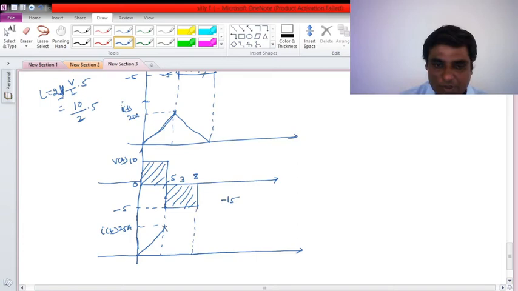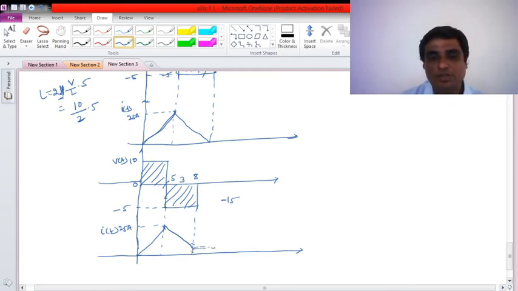So what will happen? Current will not reach 0, but 25 minus 15, it will be up to 10. It will decrease linearly up to 10, and then it remains constant.